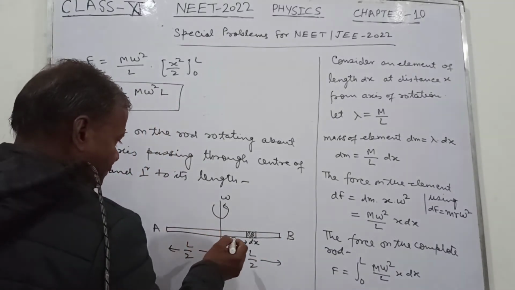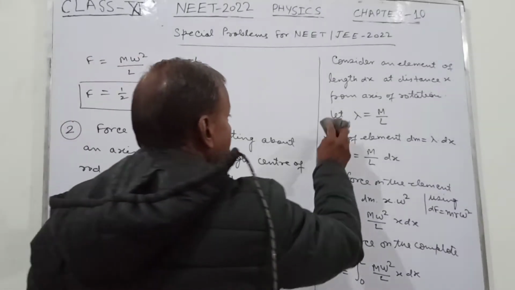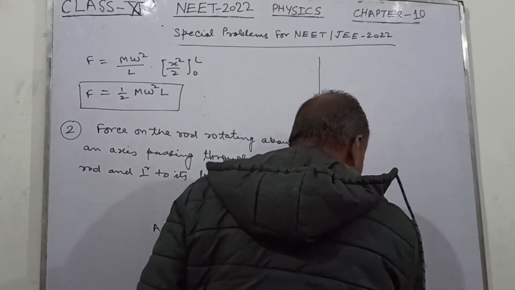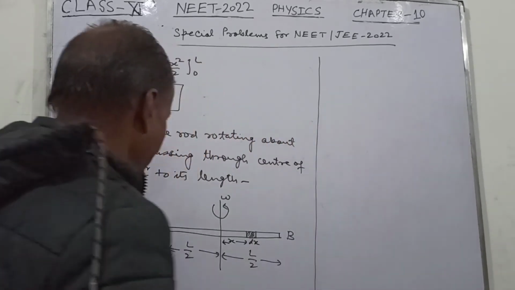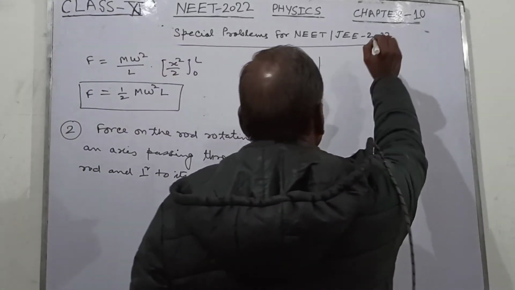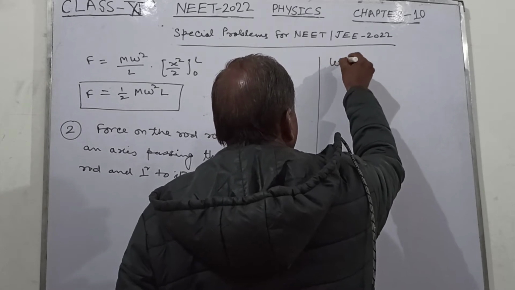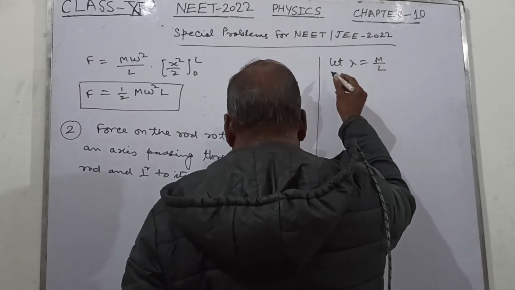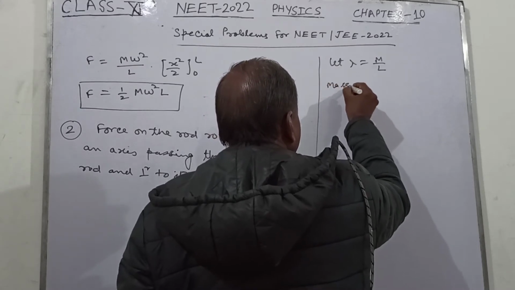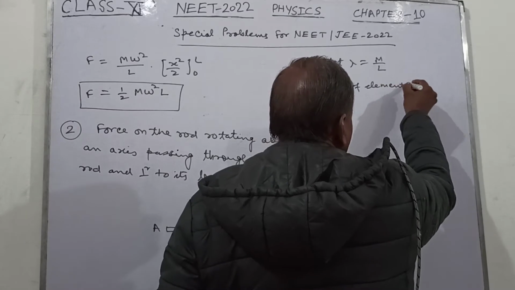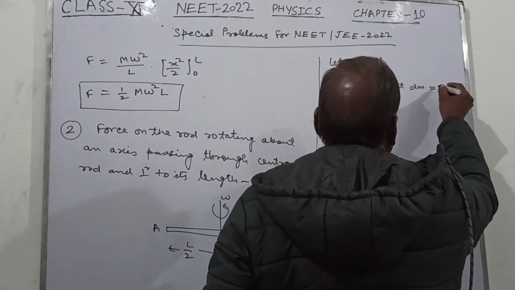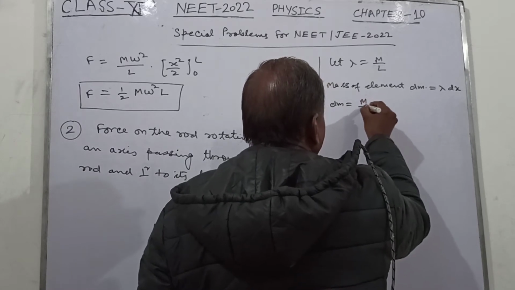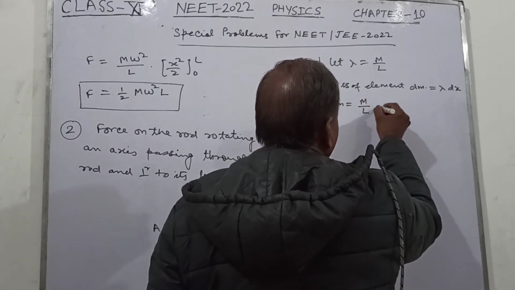So let lambda equal m upon L. So the mass of the element, dm, equals lambda into dx, that is m upon L into dx.